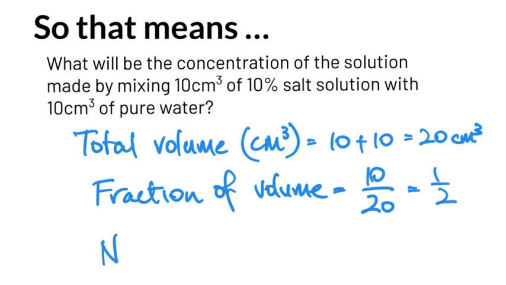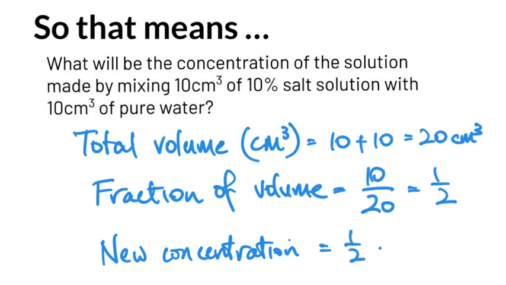So the new concentration will be the fraction times what my concentration was to start off with. So it's going to make it half as concentrated, so it will have a 5% concentration. I hope that makes a bit of sense. Let's do one more.